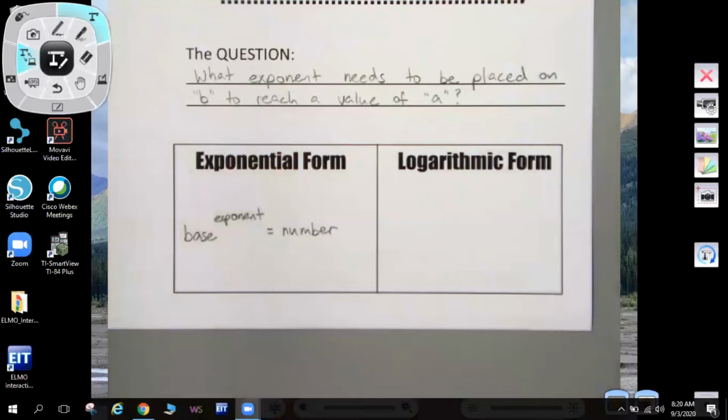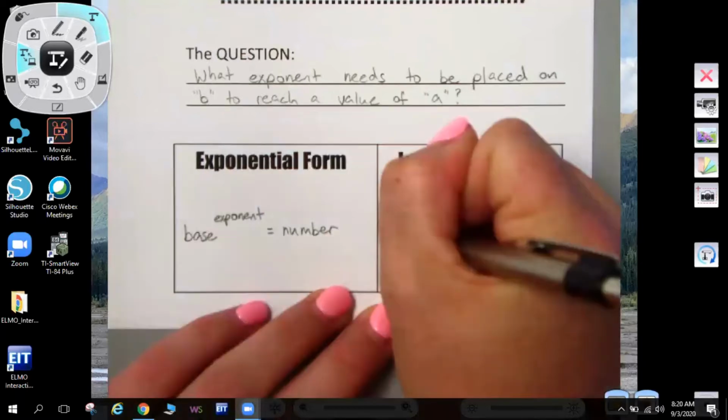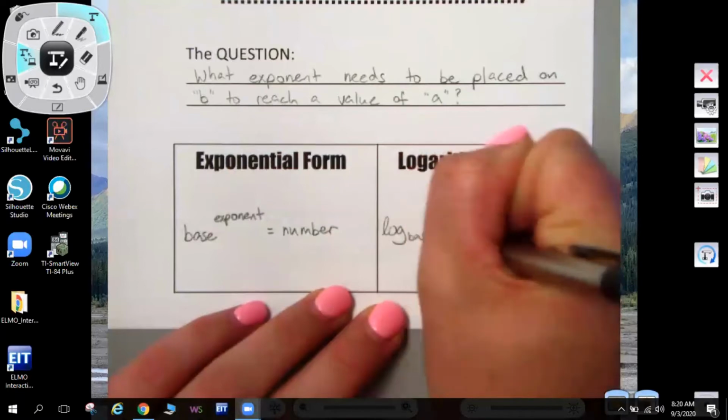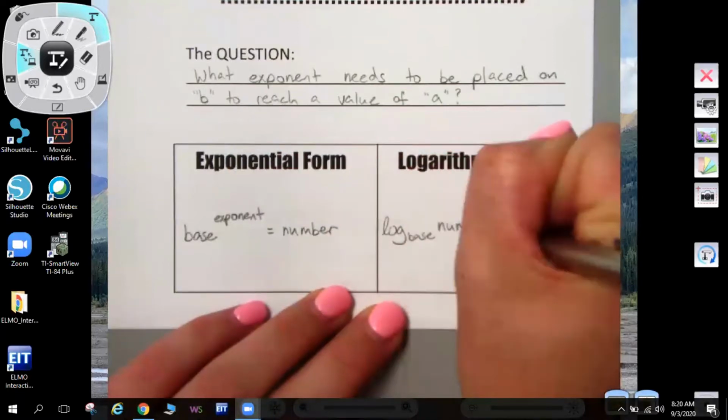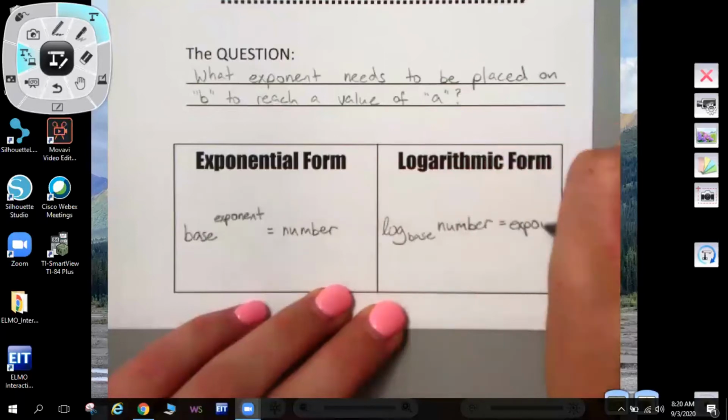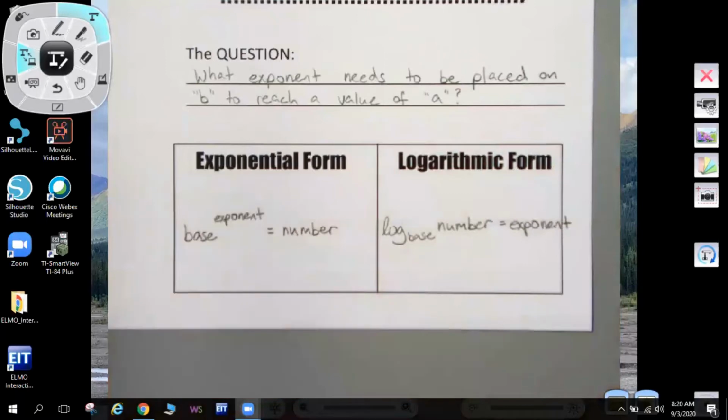Those same 3 parts, when you write it in logarithmic form, are: log base number equals exponent.